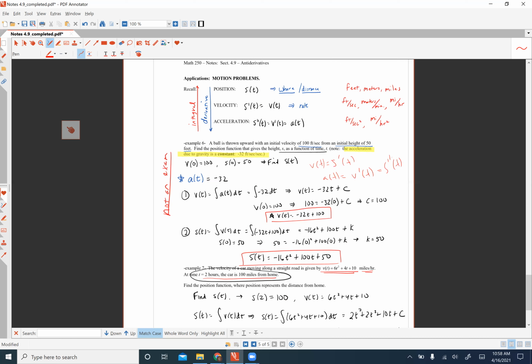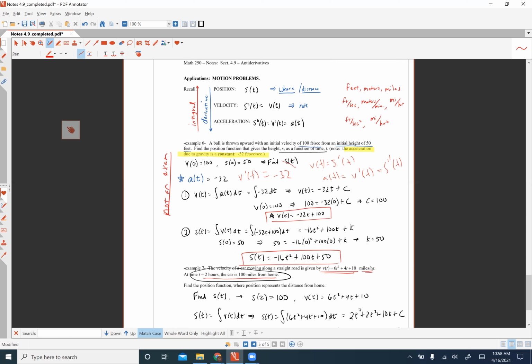Okay, so to get the velocity, remember, the acceleration is the derivative of the velocity. I'm sorry, so a of t is the first derivative of the velocity, which is minus 32, right?